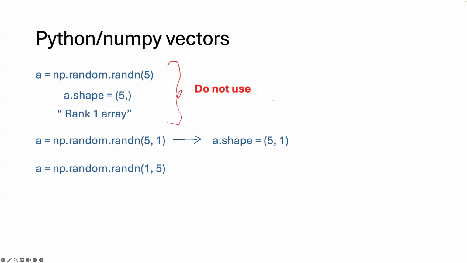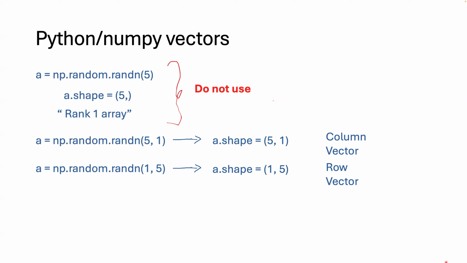Similarly, a.shape is going to be 1 by 5 over here, and it behaves as a row vector.